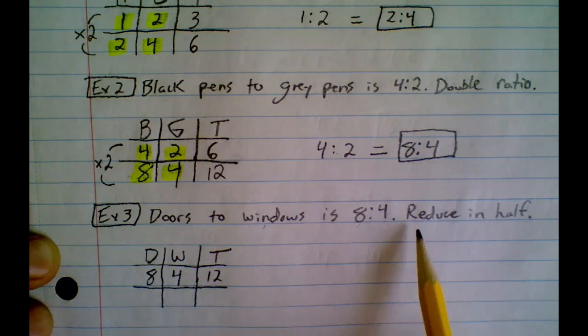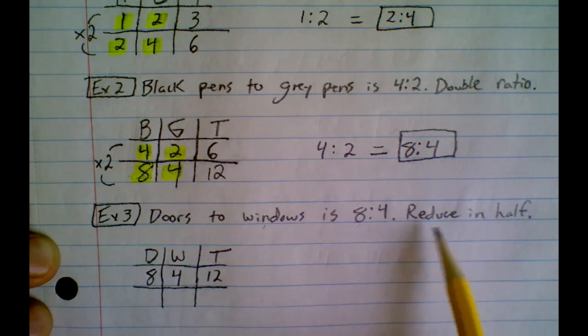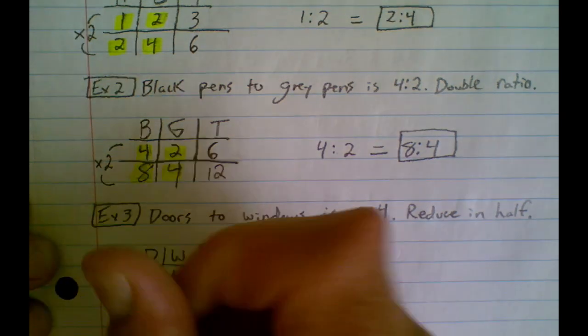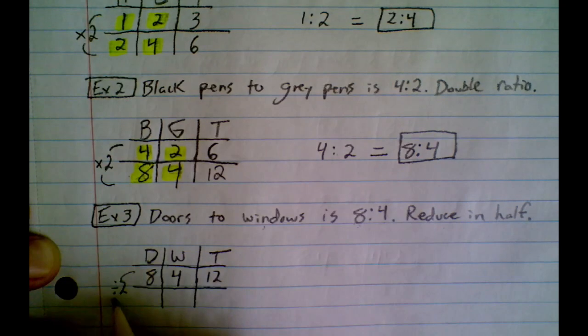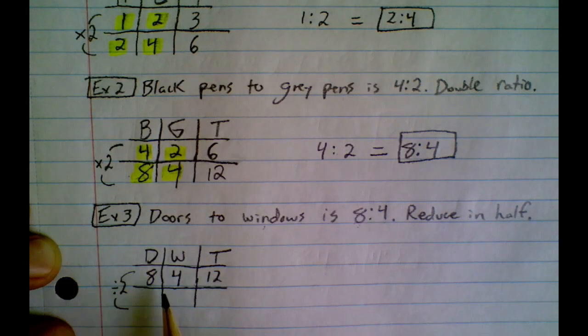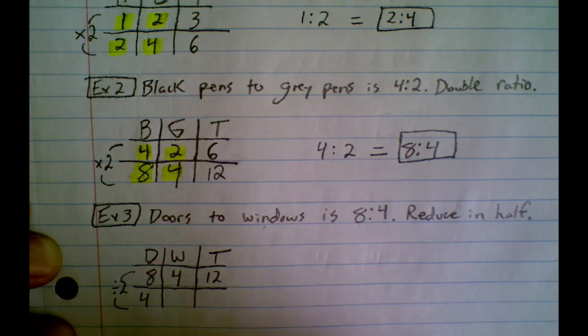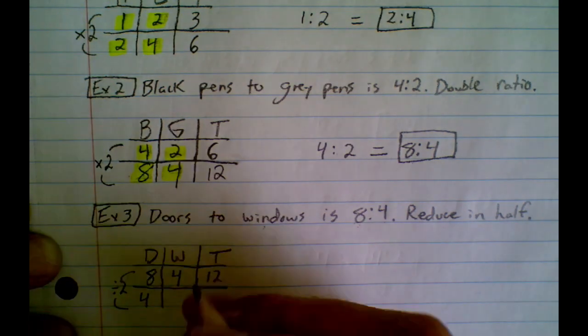It says to reduce in half, so anytime you see reduce, you divide. Reduce in half, so we'll divide by 2. 8 divided by 2 is 4. 4 divided by 2 is 2.